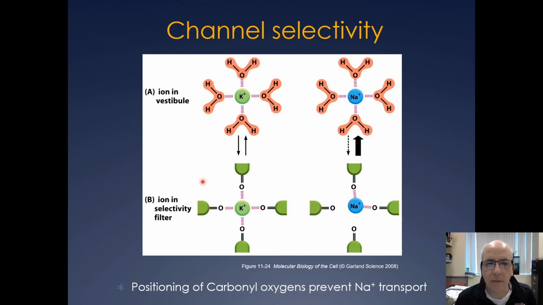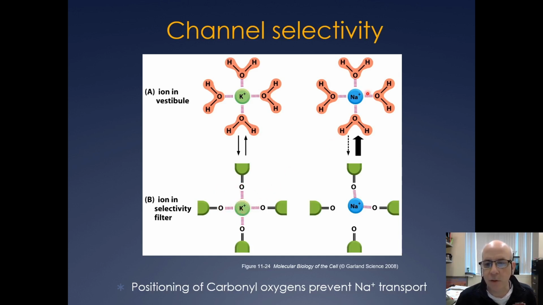In the selectivity channel, what happens is you'll have in the vestibule your potassium ion, let's say, associated with water molecules. To get through the pore, the selectivity filter has all of these carbonyl oxygens, perfectly spaced so that they can bind to the potassium.